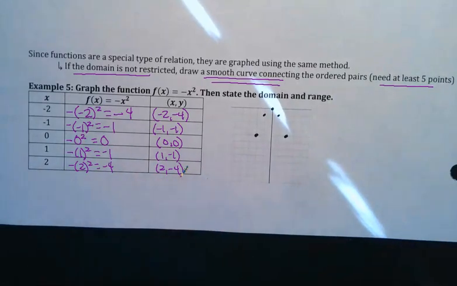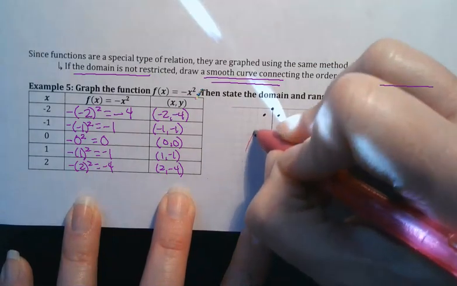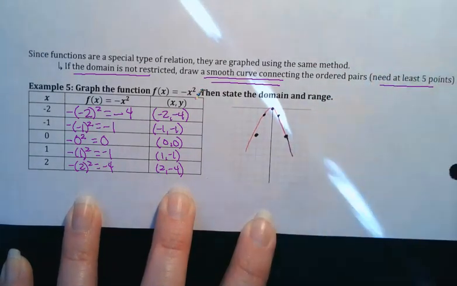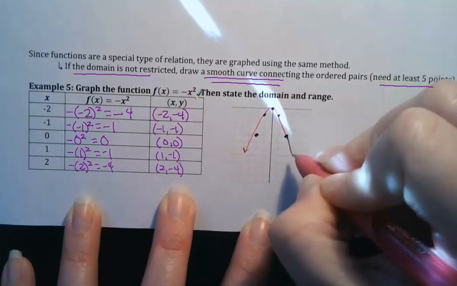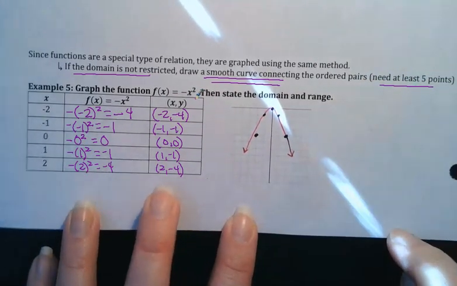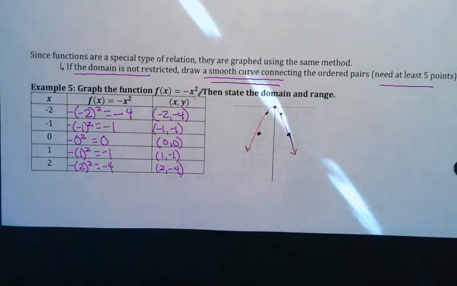I got to pick these numbers, if you remember. I do not have any restrictions on my x values, so what should I do with these points? Connect them, yes, with that smooth curve, right? So I connect these with that smooth curve, which means, what should I put on their ends? Arrows, yes. I should put some arrows there.